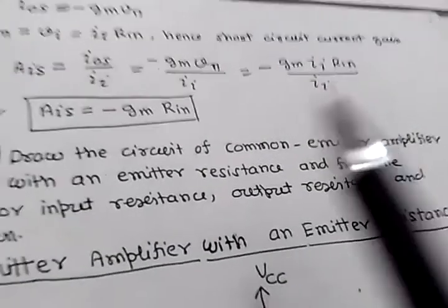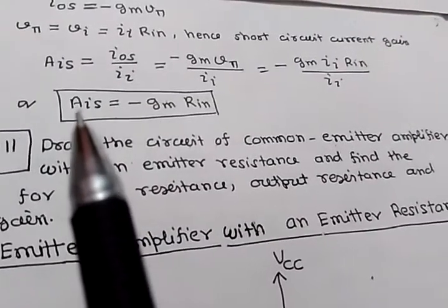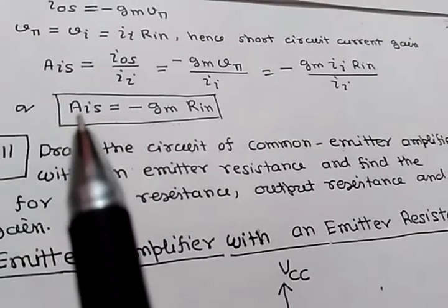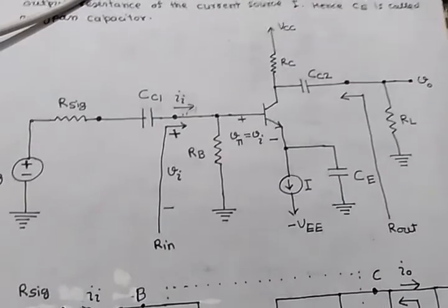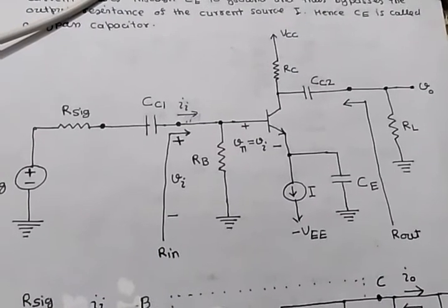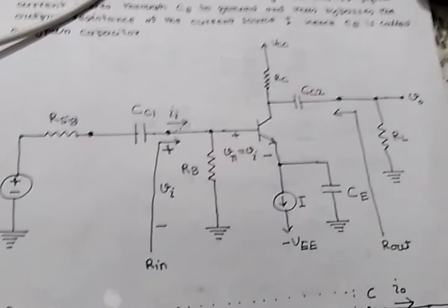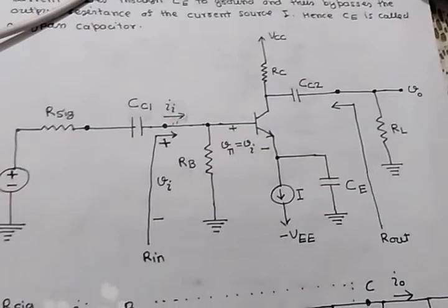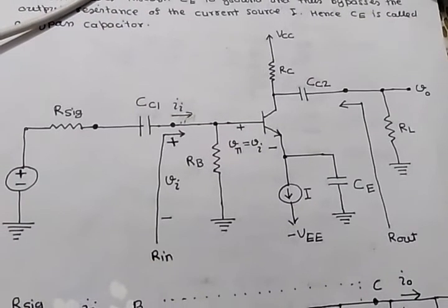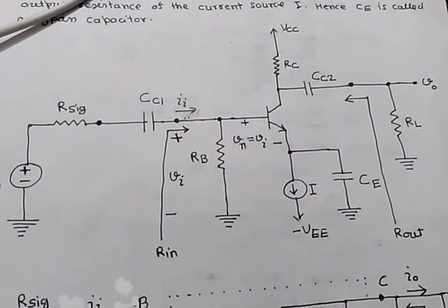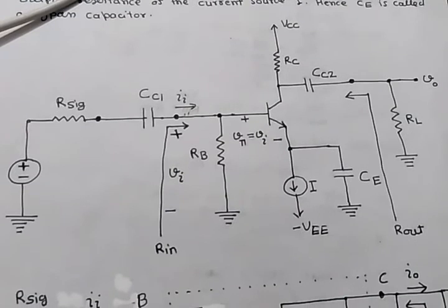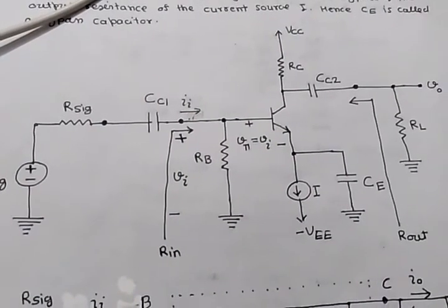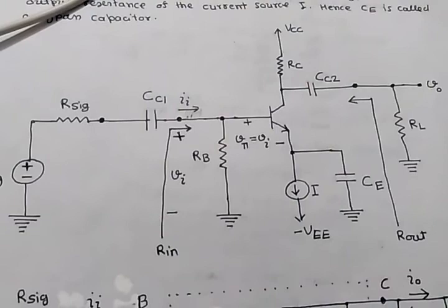Ii will be cancelled. In this way, the expression for short circuit current gain is Ais equals minus Gm Rin. So in this video we have obtained the expression for input resistance, output resistance, voltage gain, overall voltage gain, open circuit voltage gain, and short circuit current gain of common emitter amplifier circuit.